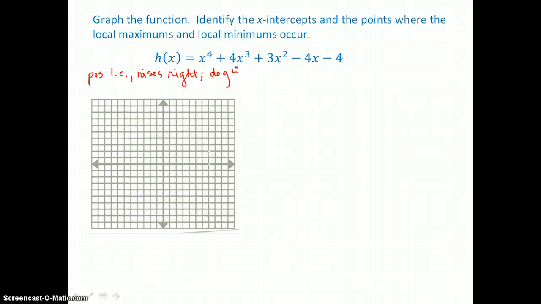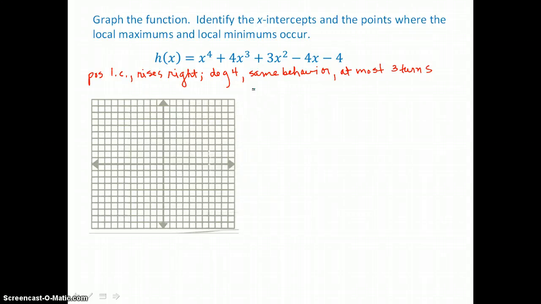It's even, so that's going to tell us that this curve has the same end behavior left and right. It also tells us that there are at most 3 turns, the degree minus 1. We can expect at most 3 turns.